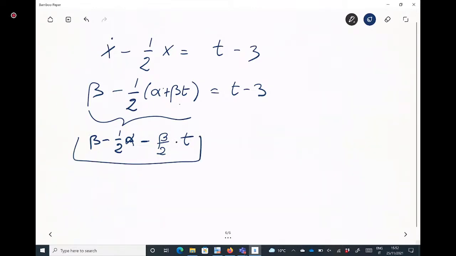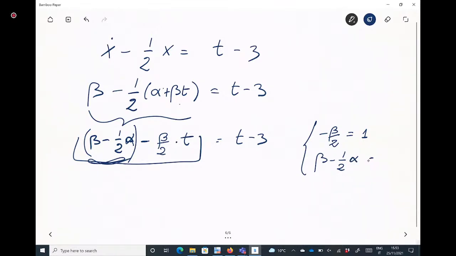Now we have to find parameters beta and alpha to find a specific linear function that satisfies the equation. But this must be equal to t minus 3, and this means that minus beta over 2 must be equal to 1. Minus beta over 2 is the coefficient of t, and this must be equal to 1 in order for this to match this one, okay? So minus beta over 2 must be equal to 1. And the constant term must be equal to minus 3. So beta minus 1/2 alpha must be equal to minus 3.